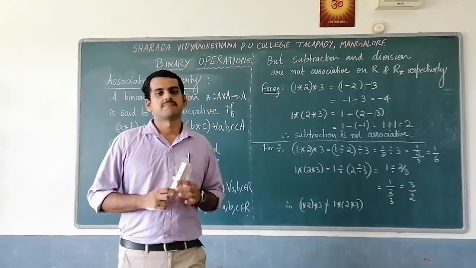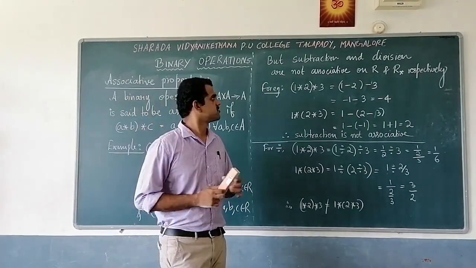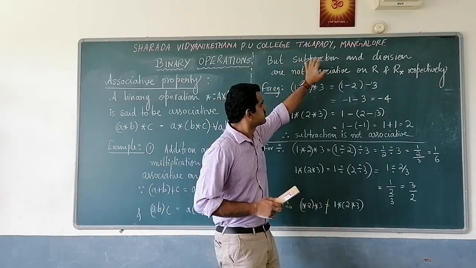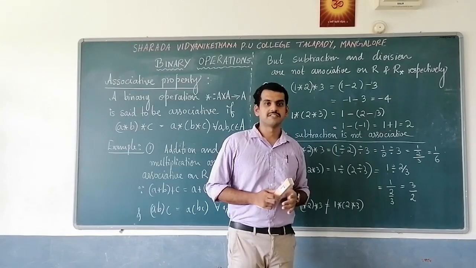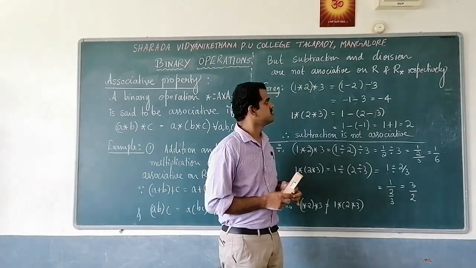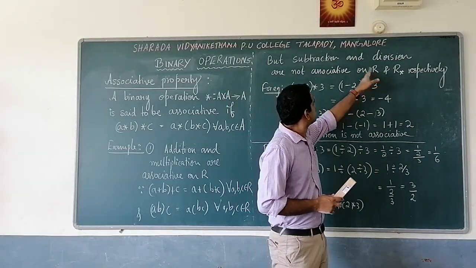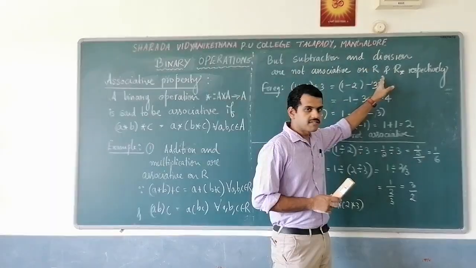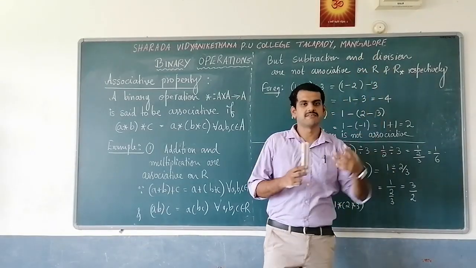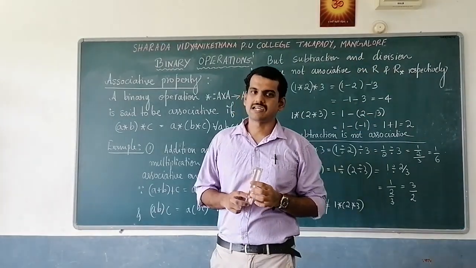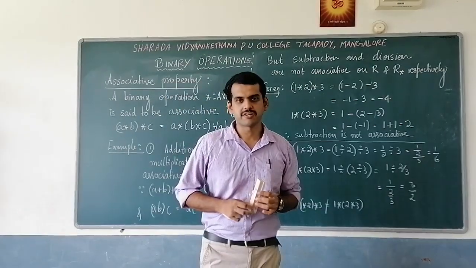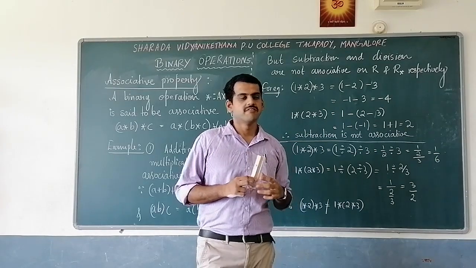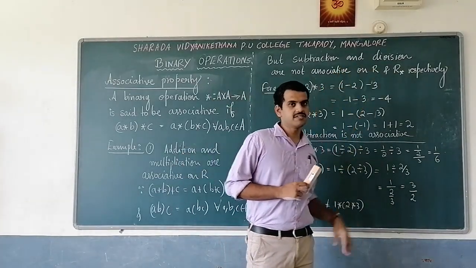But coming to subtraction and division, definitely the associative property does not hold good. Subtraction is on the set of real numbers, and division, as I mentioned earlier, is on the set R star, because if we input 0, it doesn't become a binary operation at all. Therefore we exclude 0 for the case of the division operation.